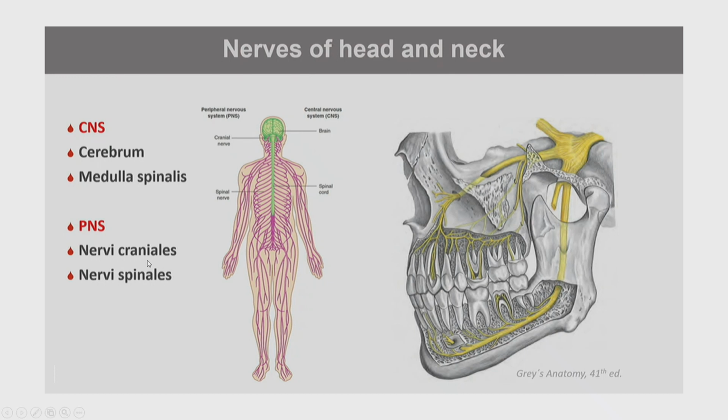And I would add another subclassification of the PNS as a third one, the autonomic nervous system, which is composed of parasympathetic and sympathetic. So generally, the central nervous system is divided into the brain and spinal cord, and the peripheral nervous system into cranial nerves, spinal nerves, and the autonomic nervous system, which is the sympathetic and parasympathetic.